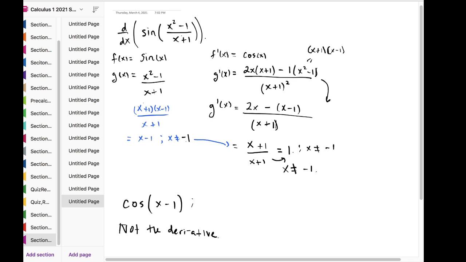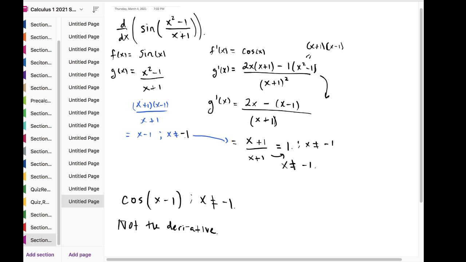This is the derivative. So you see the difference there? So if you're quick to cancel out the factors, you might just say it's cosine of x minus 1. We might forget that x can't equal negative 1.